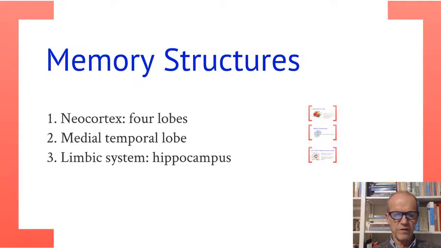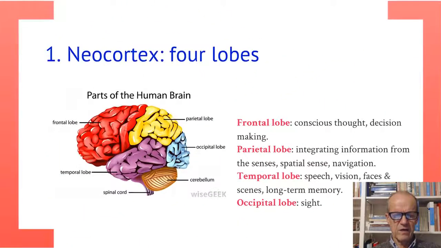First of all, the neocortex. Now you probably know this picture of the human brain, in which the neocortex again is the outer part of the brain, with all these gyri and sulci, which is a very big area because of all these windings. Now we have 4 lobes here, and all these lobes, all these sub areas, do have various different functions.